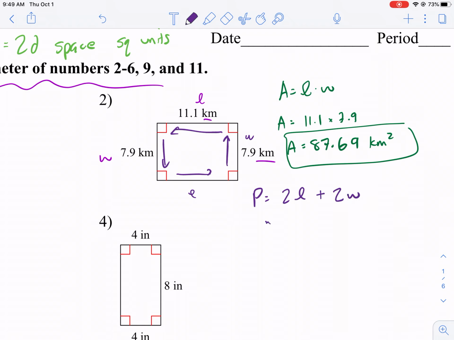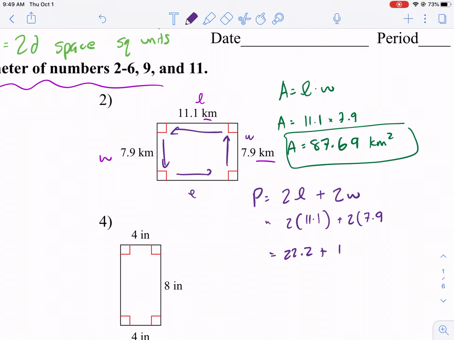Again, if you just go 7.9 plus 7.9 plus 11.1 plus 11.1, you'll be good with that also. I get 22.2 when I do that, and then I get 15.8. So my perimeter, once I add these two, should be a nice round number. I get 38.